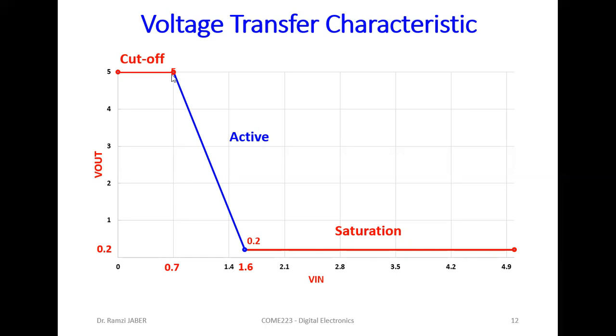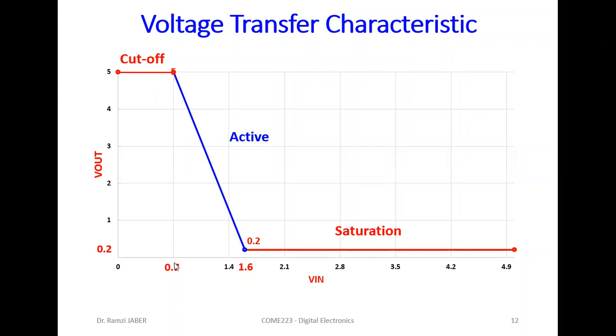Now, from 0 input, from 0 to 0.7, the output will be high. So the transistor mode will be cut off and the output will be exactly 5 volts.